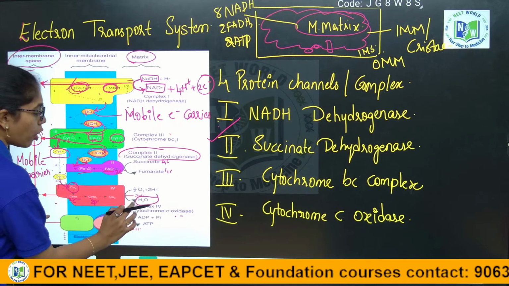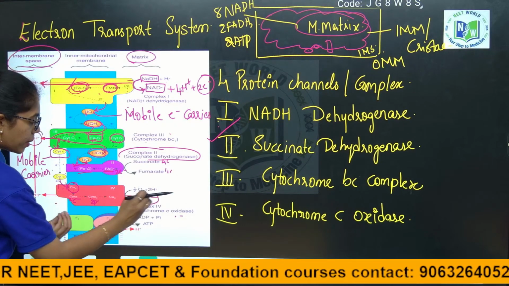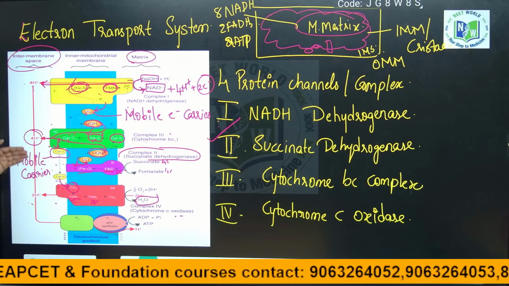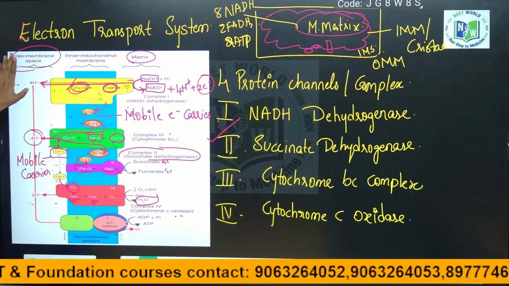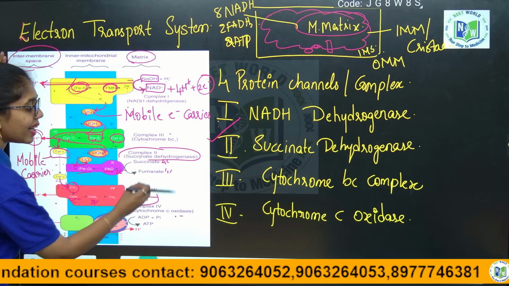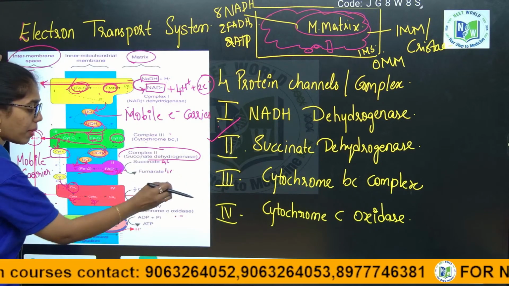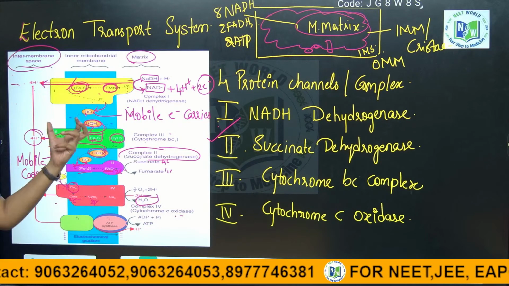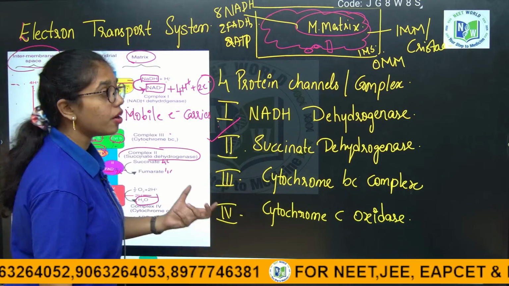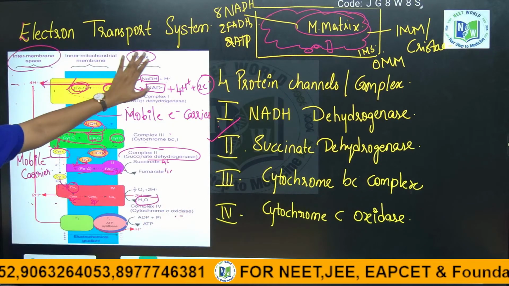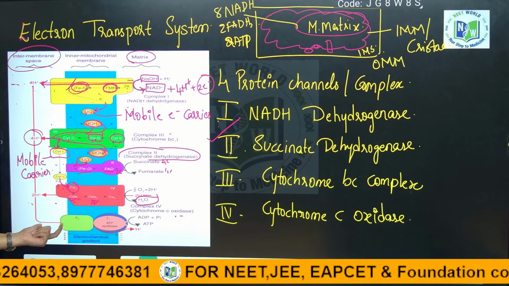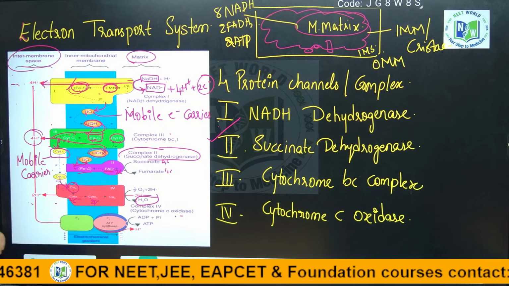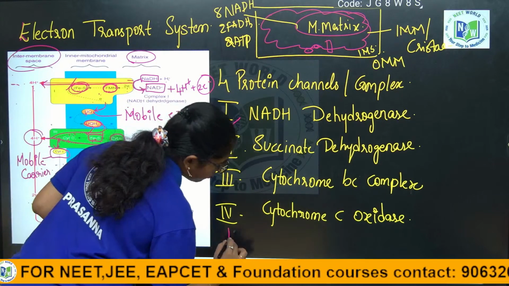After the water molecule forms, 2 H plus are pumped from complex 4 to the intermembrane space. Whichever little H plus molecules are present in the matrix form the water molecule. As a result, a proton gradient is generated from the intermembrane space to the mitochondrial matrix, whereby the ATP synthase complex is activated, which is called the F0 F1 complex.